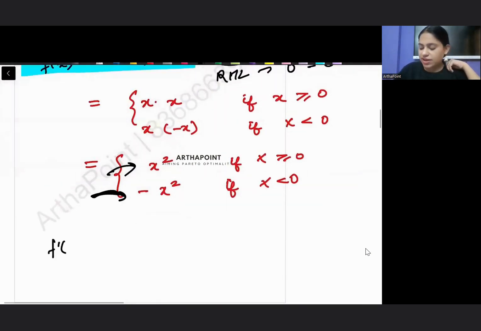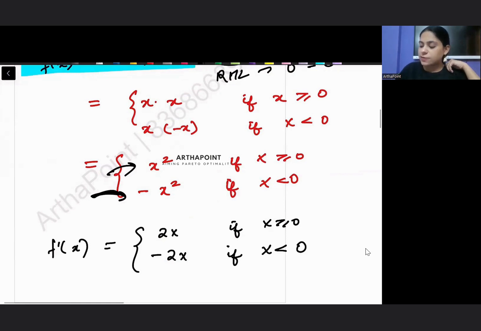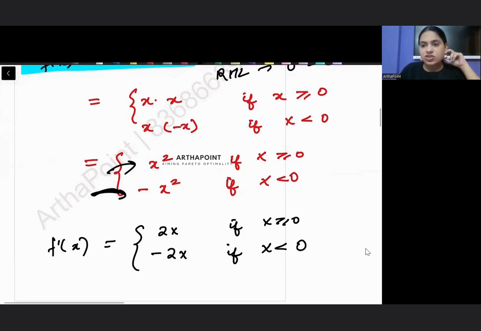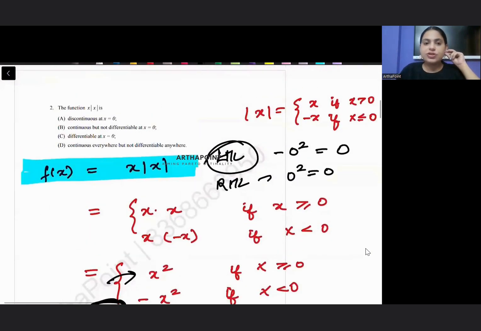So if I just check f dash x, I will go ahead and get 2x and minus 2x. This is if x is positive and this is if x is negative. And again, if I just evaluate it at 0, this and this will give me 0. So it is also a differentiable function. So answer will be it is continuous and differentiable at x equal to 0. The correct answer to this question will be C.